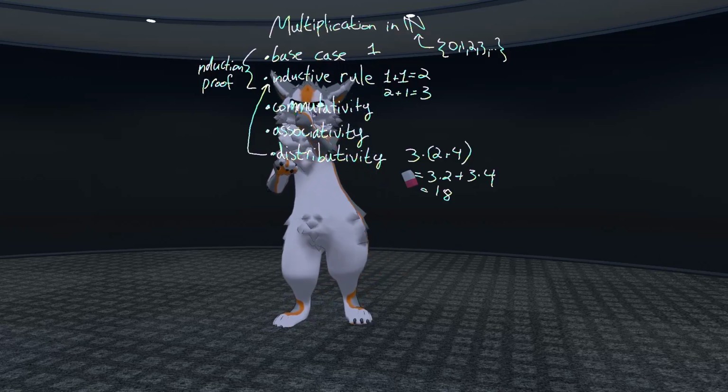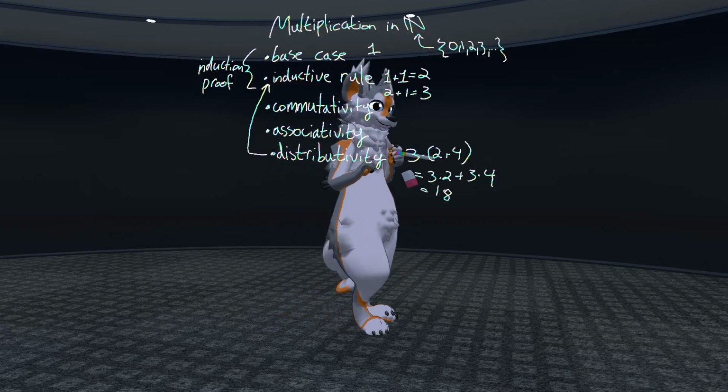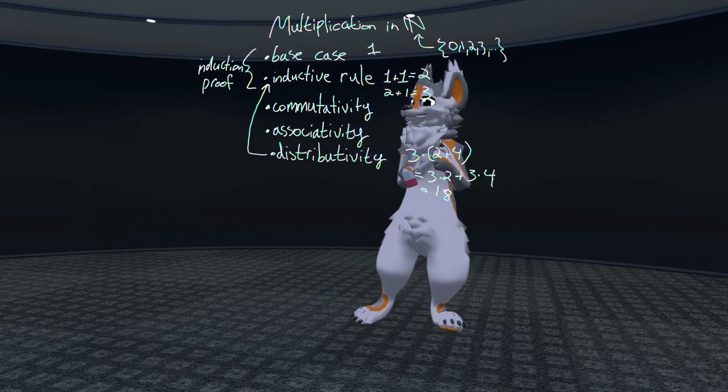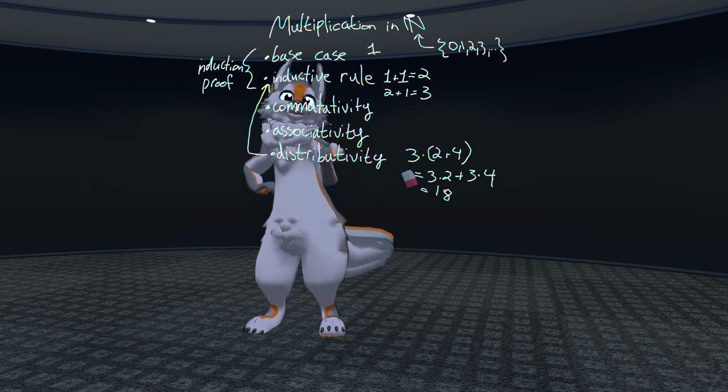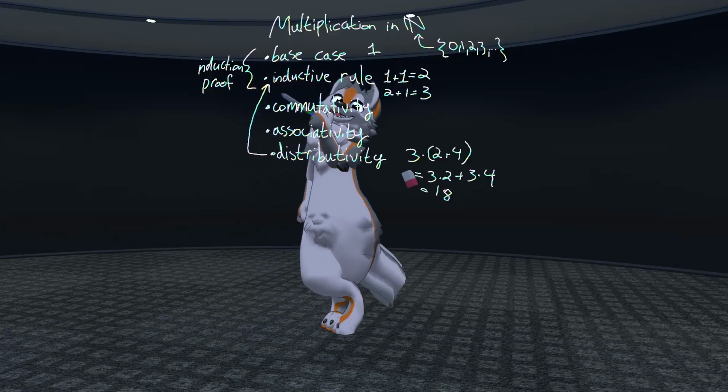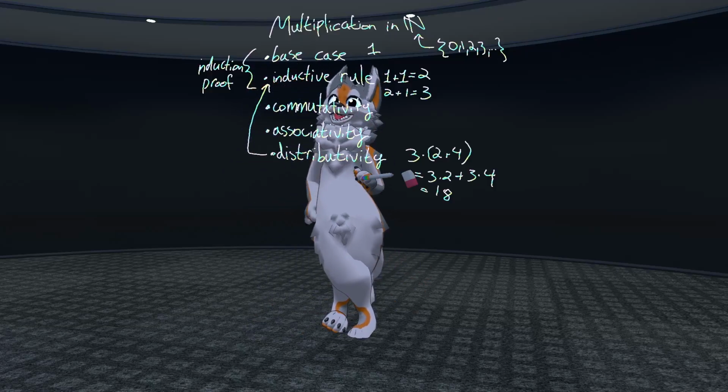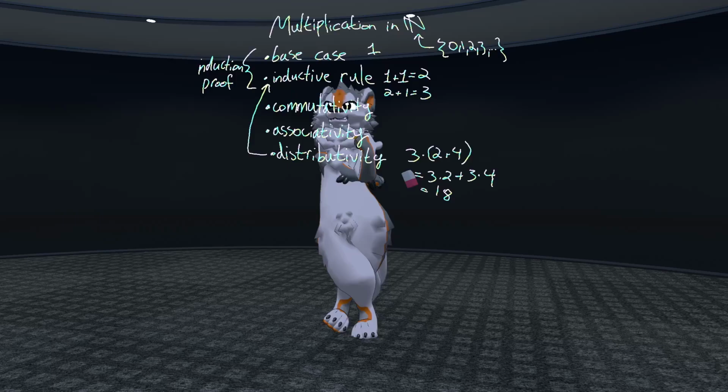Now, commutativity and associativity, on the other hand, those are not so much defining properties. Maybe commutativity. That could be a bit of a defining property. Let me actually think about this. Maybe.